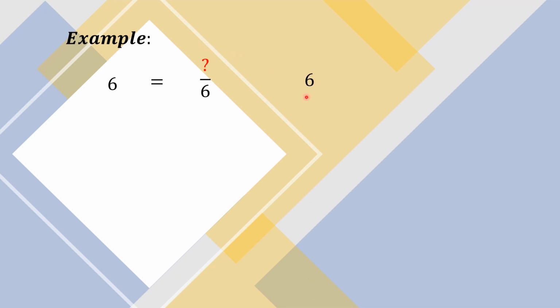So you're going to write 6, this one, and then 6 again, there. There, you're going to multiply the numbers so that you can get this answer. So what are you going to multiply? 6 and 6. Then you can get the answer. There, 36. So 36 over 6 is equal to 6.